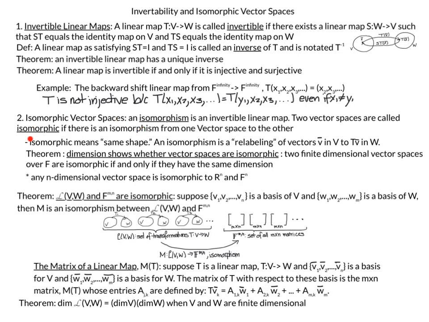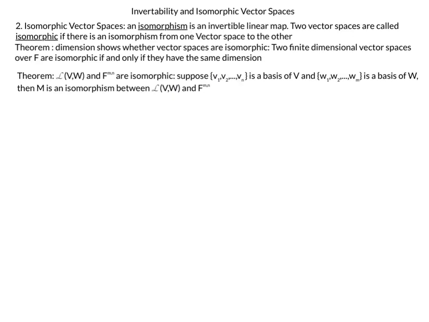Now that we've talked about isomorphisms, we're ready to talk about this last theorem here. I moved my definition of isomorphic vector spaces here for your reference, and I have our theorem. So the space of linear mappings from V to W and the space of matrices that are M by N are isomorphic.